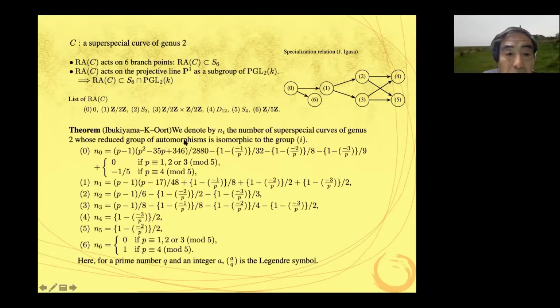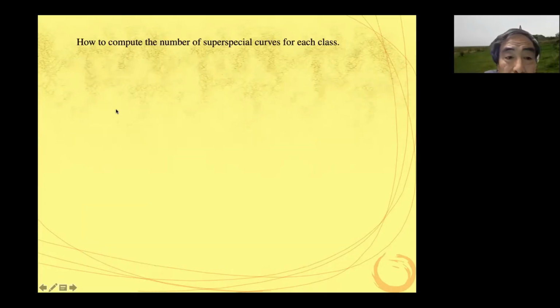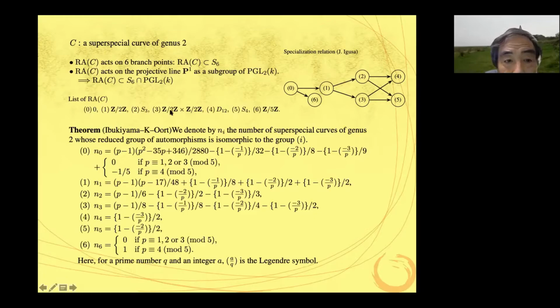I already showed something, but we denote by Ni the number of superspecial curves of genus 2 whose reduced automorphism group is isomorphic to the group Ai. Group i means a group like this here.